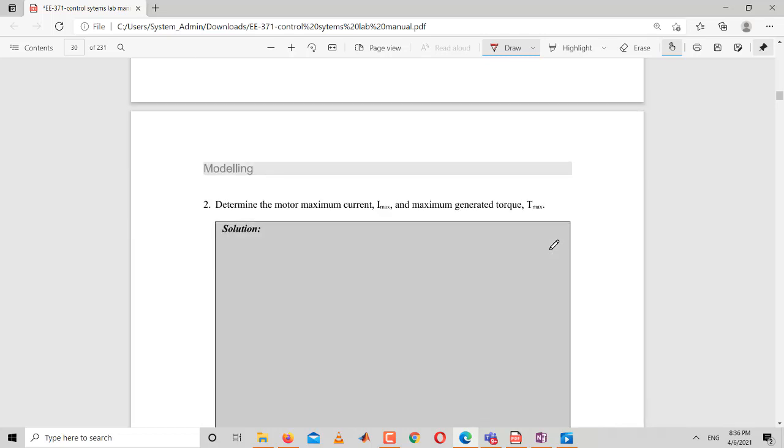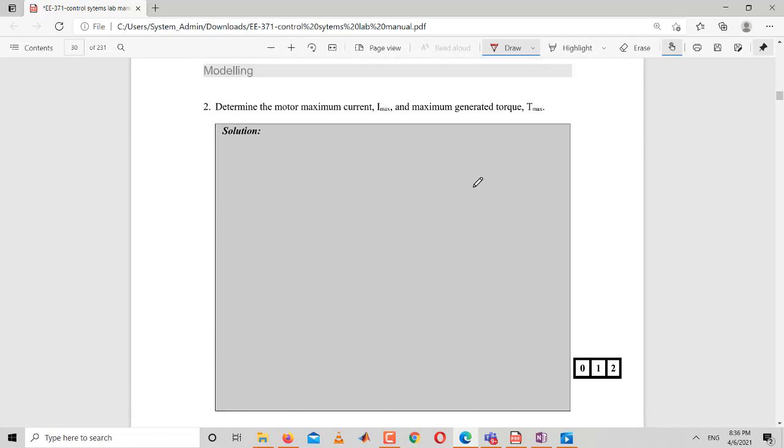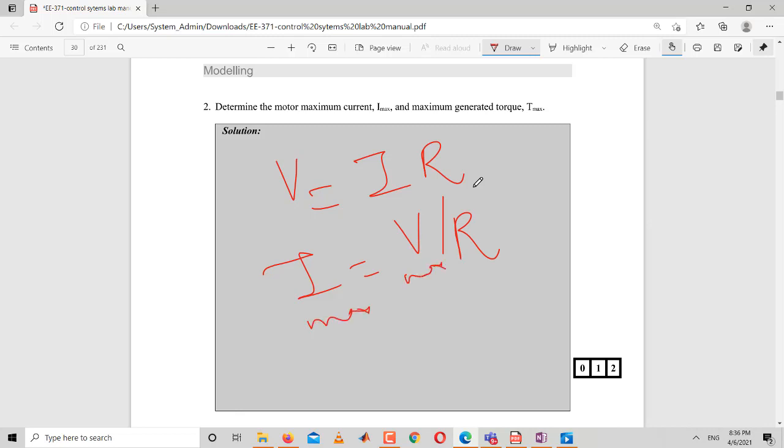Okay, then we have to determine the maximum motor current and maximum generated torque. For maximum current, you know that the equation is V equals IR, and I would be V by R. You know the value of resistance and you know the maximum voltage. So if you are calculating maximum current, put the maximum value of voltage here, and you will have the maximum value of current.